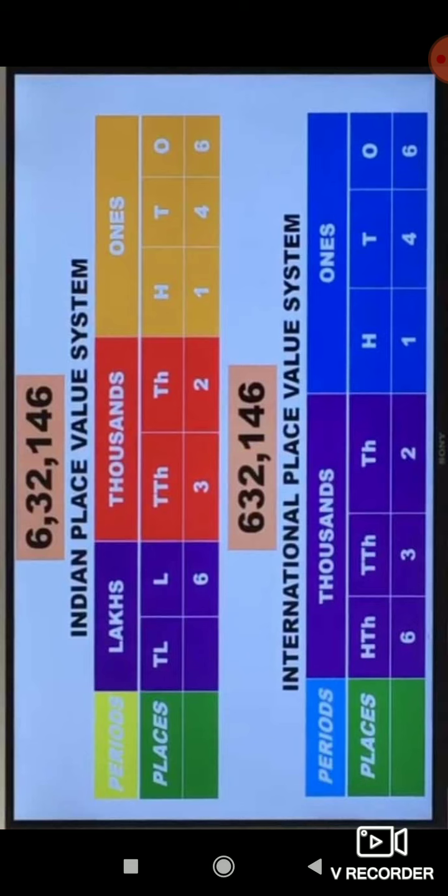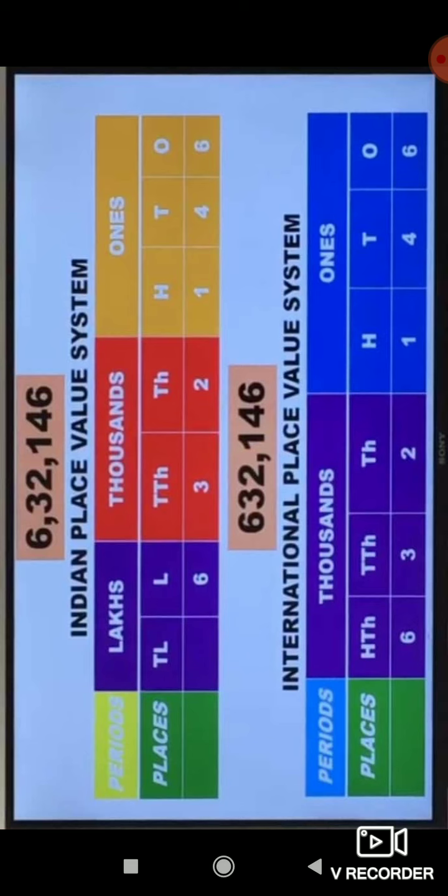So here, 6,32,146. Now write this example in the international place value system. In the international system of numeration, every 3 digits from the right form a group, that is the ones group: 6 in ones, 4 in tens, 1 in hundreds.